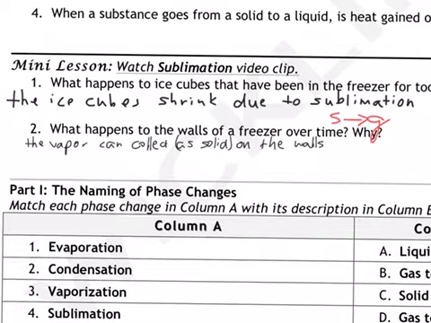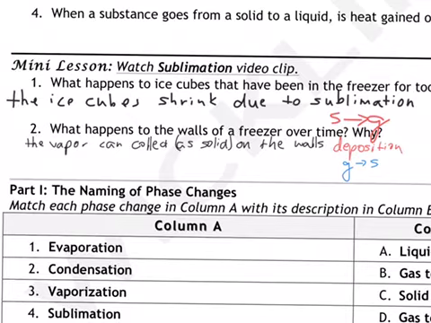That process is called deposition, and deposition is defined as the spontaneous change from the gaseous state to the solid state. And similar to sublimation, it is a gradual process, but it's also spontaneous.